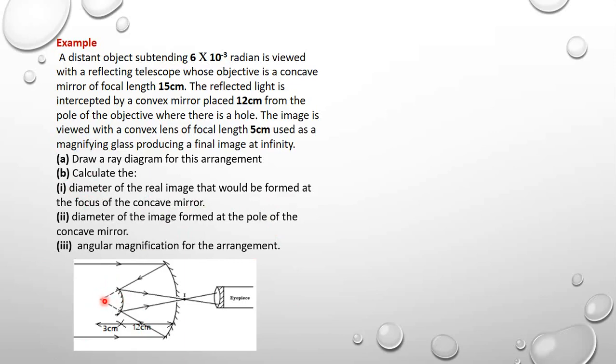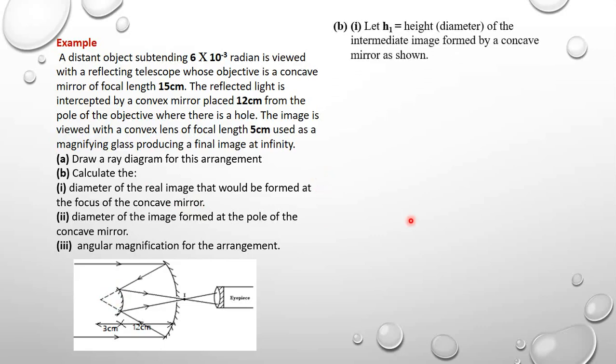They want us to get the diameter of this image here. So we're going to let the height of that image, or the diameter of that image, that is the intermediate image formed by the concave mirror, be h1.